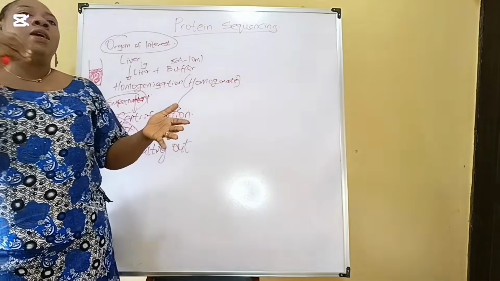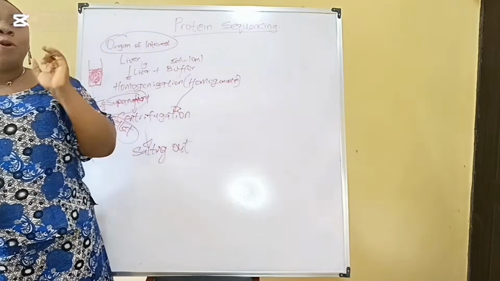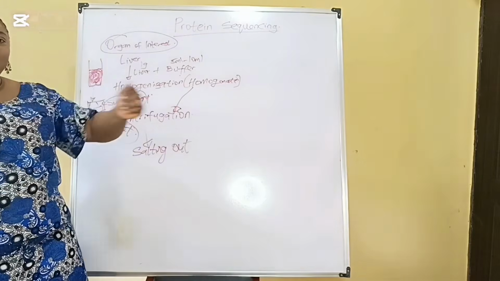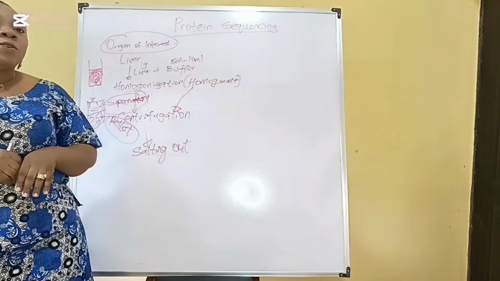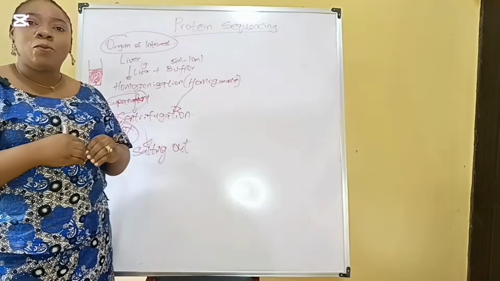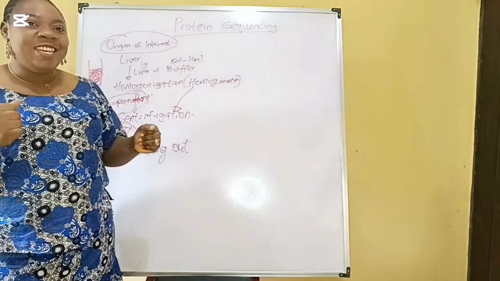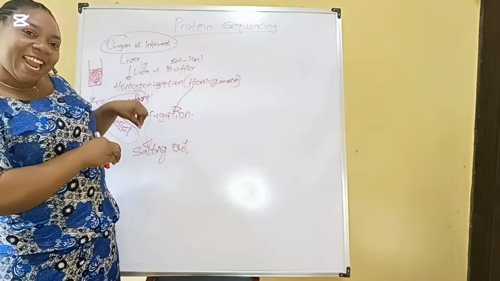So we now add the salt solution to it. Both the salt solution and the protein solution are now fighting for the attention of the buffer that is there. What the salt solution will do is to try to restrict the movement of the proteins in our solution.